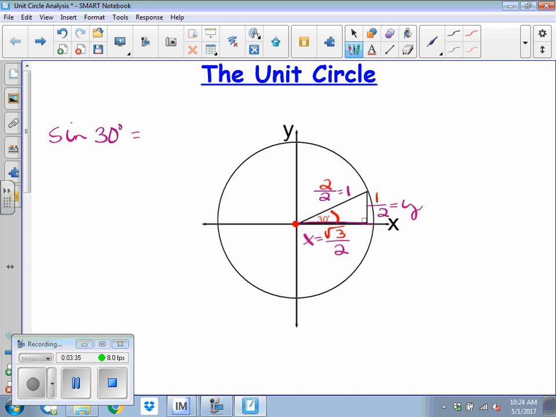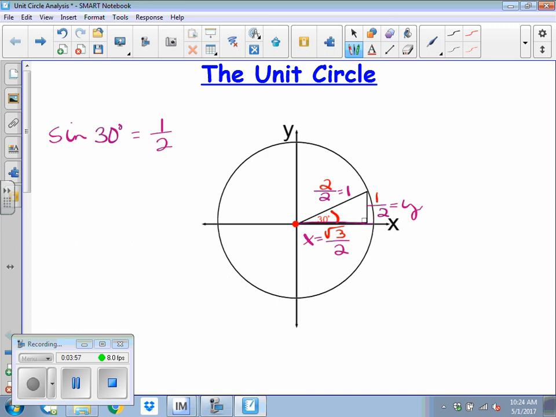Opposite over hypotenuse. What's my hypotenuse? My hypotenuse is 1, correct? So the sine of 30 degrees ends up just being the opposite, which is 1/2, over my hypotenuse, which is 1. Everybody see that? So the sine is 1/2.